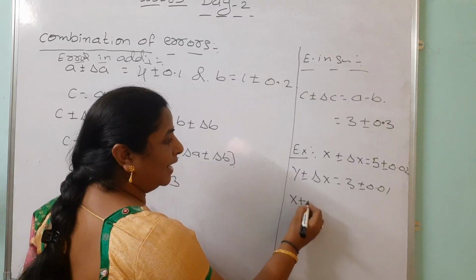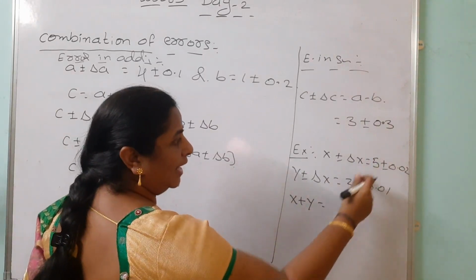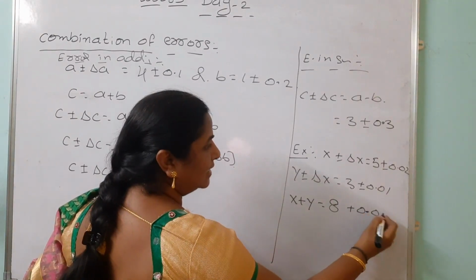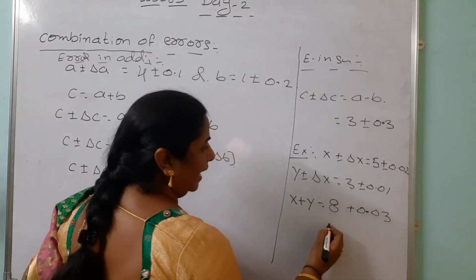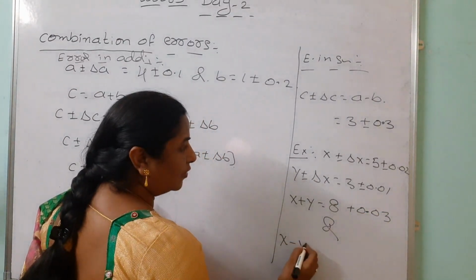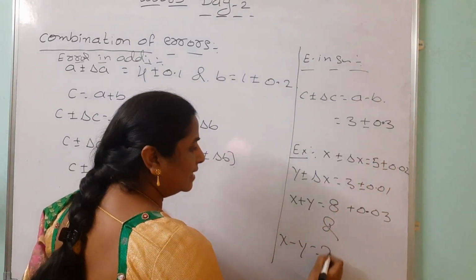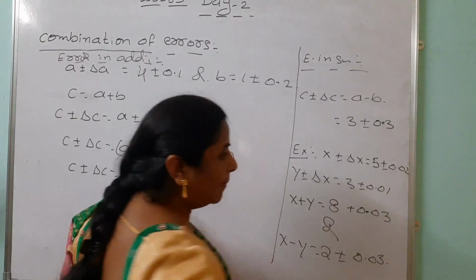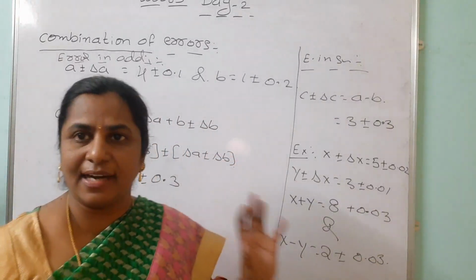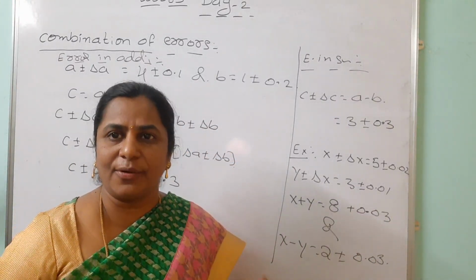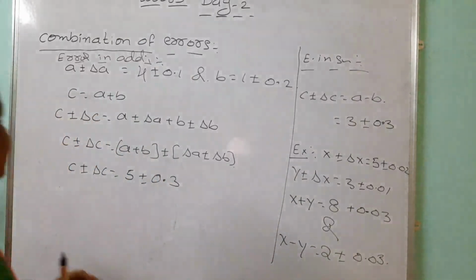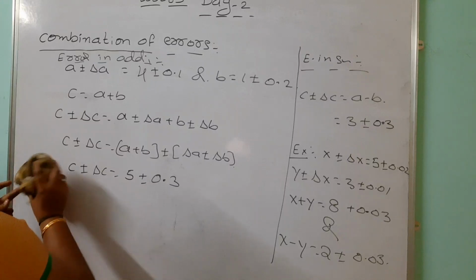So x plus y: 5 plus 3 is 8. The error we add, 0.03. And subtraction: 5 minus 3 is 2, and the error is as usual the same, because this is the maximum possible error. In addition and subtraction, we have to take the maximum possible error. Then our next method is the error in multiplication and division.